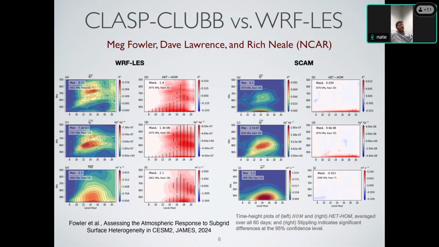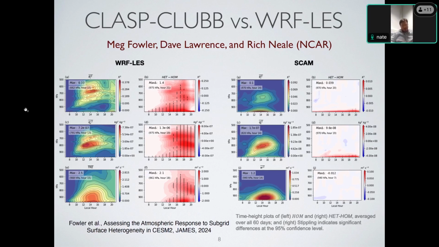When you have, in the sub 100 kilometers, strong, appreciable thermal gradients, that can lead to secondary circulations, which can have a large impact, at least in the context of the LES that we've seen, on the enhancement of convection and cloud development. What you're seeing, the heterogeneous versus homogeneous in the WRF LES, is an expression of that.